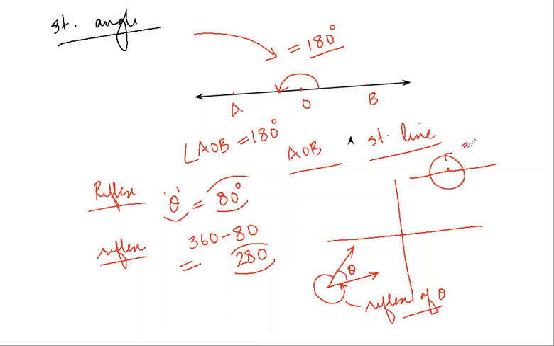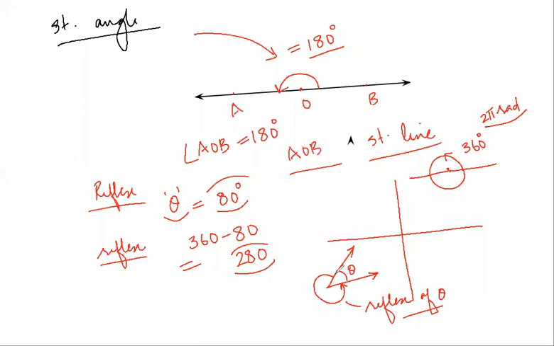The complete angle is 360 degrees. You also call it 2 pi radians, or simply say 360 degrees, right? So 360 degrees minus theta is the reflex of theta.